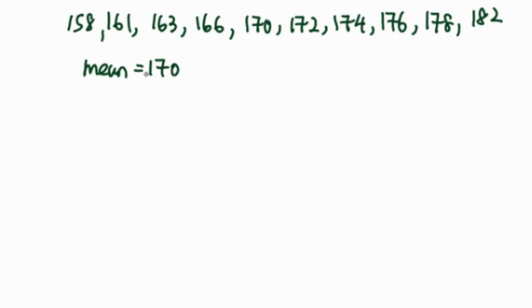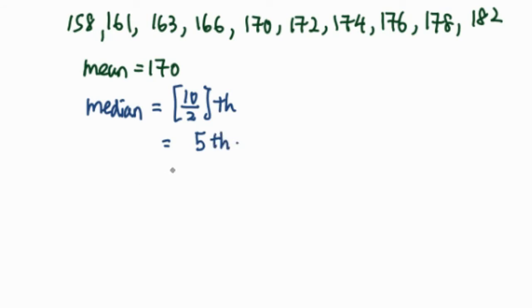Next, we are going to find the percentage of the students whose height is between the mean and the median. Since our mean is given by 170, now we are going to find our median. When we're finding our median, we are going to use percentile concept, which is 1, 2, 3, 4, 5, 6, 7, 8, 9, 10. So we'll have 10 over 2, which is the data number.